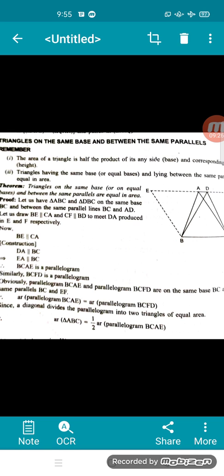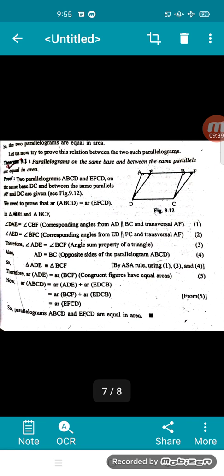Since a diagonal divides a parallelogram into two triangles of equal area, area of triangle ABC is half of parallelogram BCAE, and area of triangle DBC is half of parallelogram BCFD. So area of triangle ABC is equal to area of triangle DBC. The triangles on the same base and between the same parallels are equal in area. Now we go to the next page.